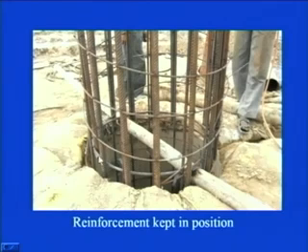These are vertical reinforcement bars, the main reinforcement. However, this one is lateral reinforcement, and these are lateral ties which are either wired or welded to the main reinforcement. So this is how they keep this reinforcement in position, with some of the portion inside the borehole and some outside the borehole.